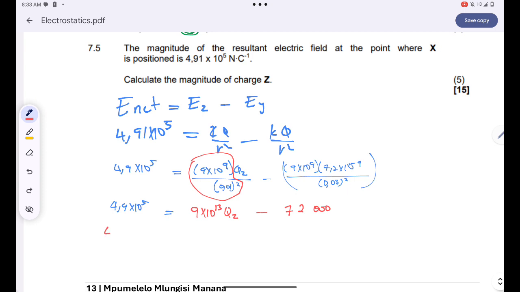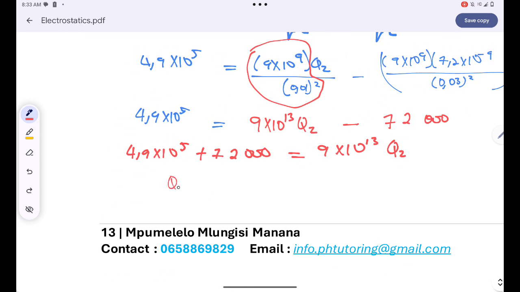So I'll basically have 4.9 times 10 to the power 5 plus 72,000 is equal to 9 times 10 to the power 13 multiplied by qZ. So for me to find the magnitude of the charge, I just need to divide both sides by 9 times 10 to the power 13.